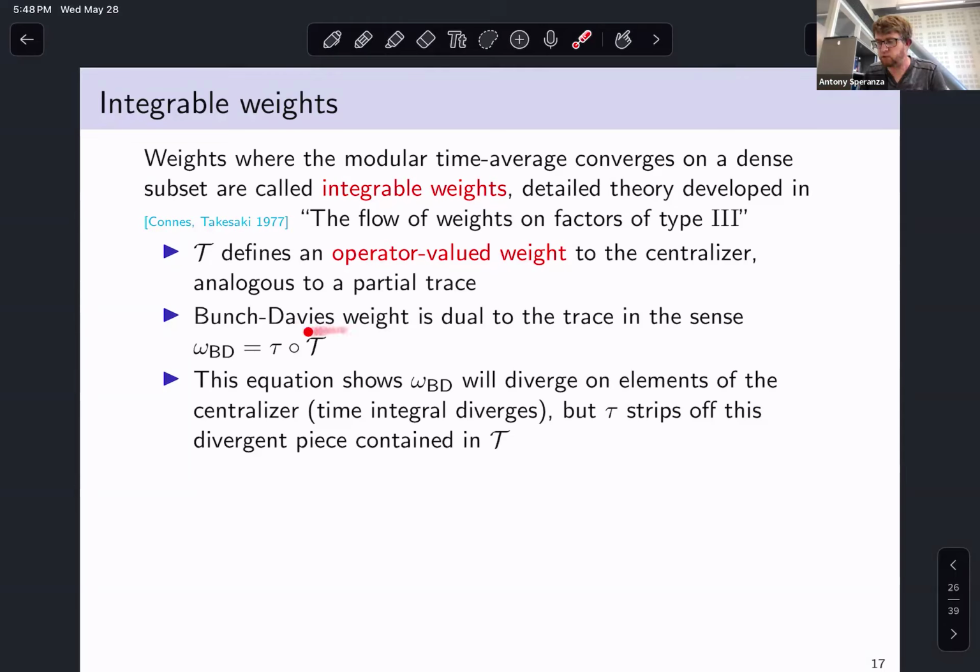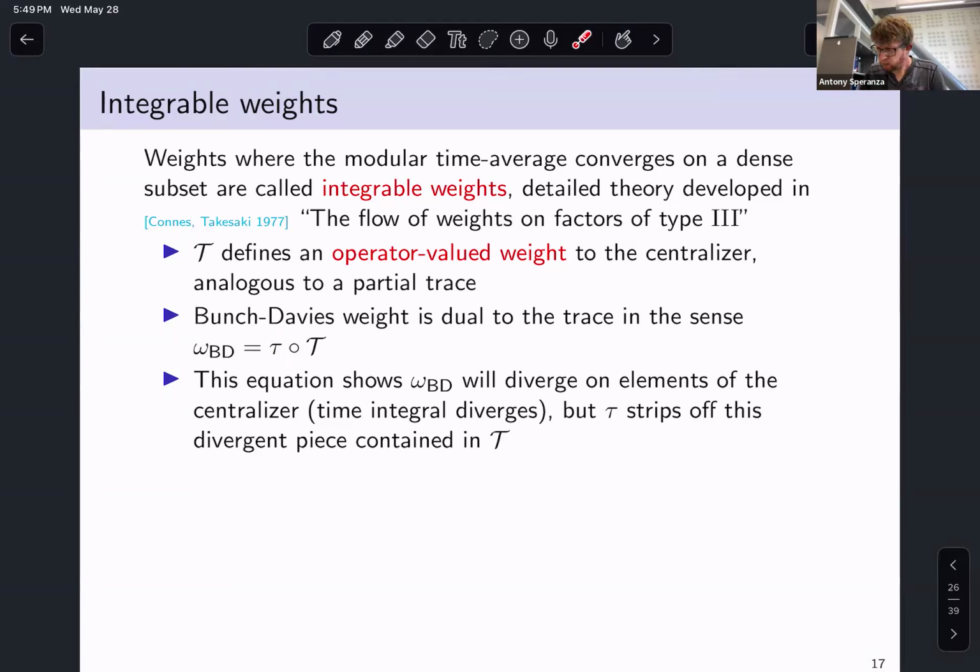So second, this Bunch-Davies weight that we computed, whose modular flow we were finding the centralizer of, almost defines a trace on this centralizer. If you want to compute it on an operator, you can first do the time translation and then evaluate some other functional on that. So this functional is defined on the centralizer, and it will automatically be tracial because the operators that you're evaluating this on are all fixed by the modular flow.